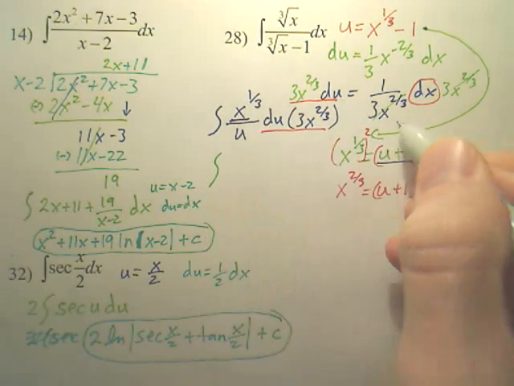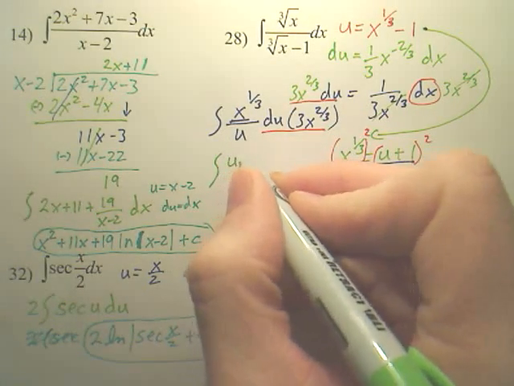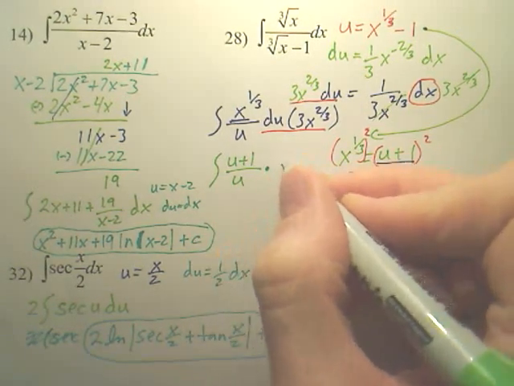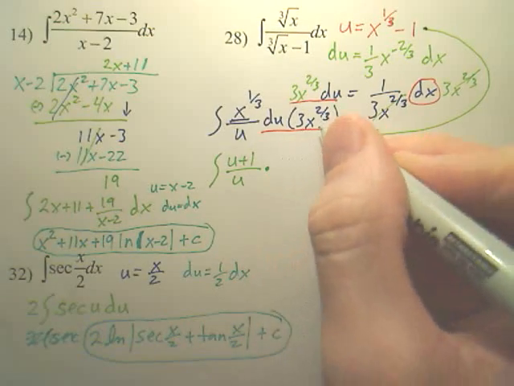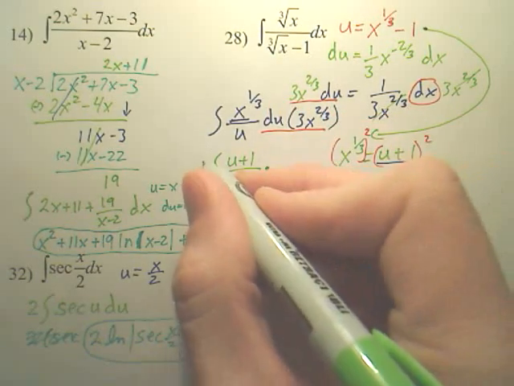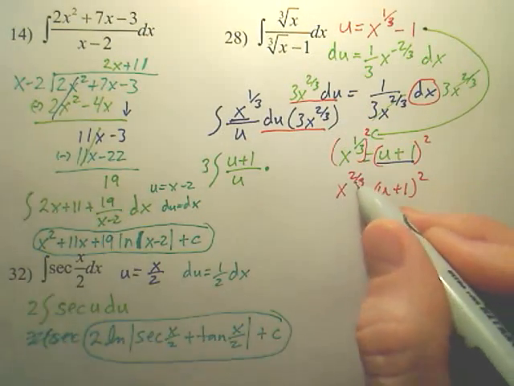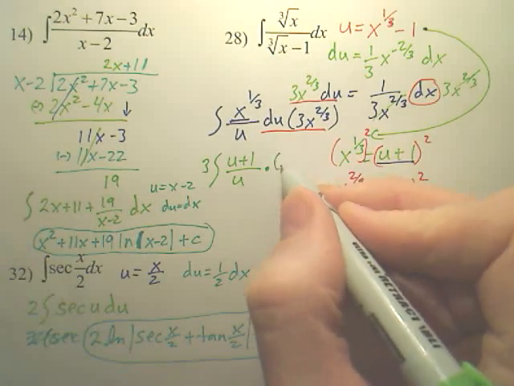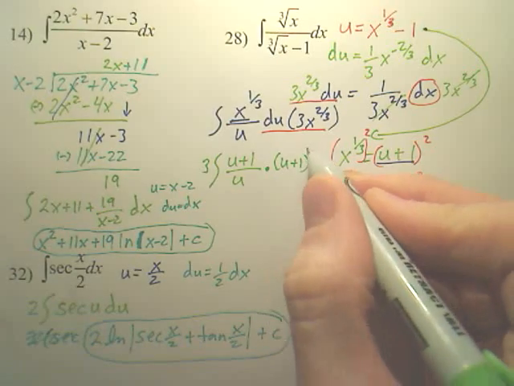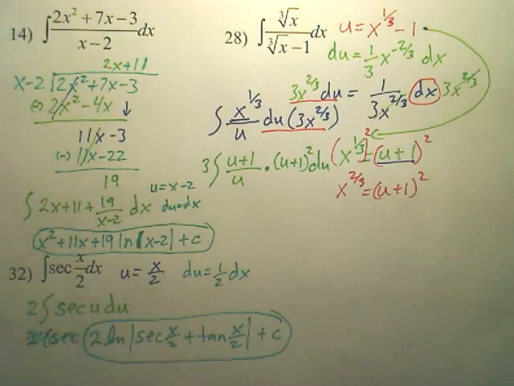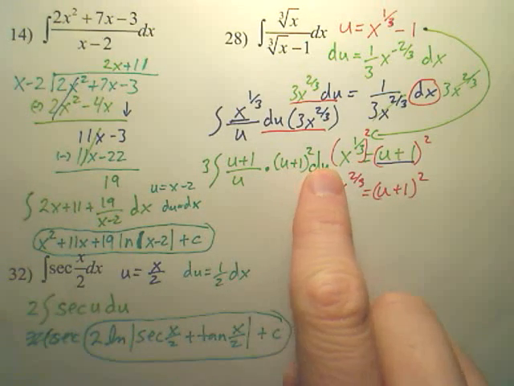This right here got replaced with u plus 1. This is u. I'm going to bring the 3 out front. Is that okay? Bring this 3 out front. X to the 2/3 is right here, which would be u plus 1 squared du. Are we okay with that?